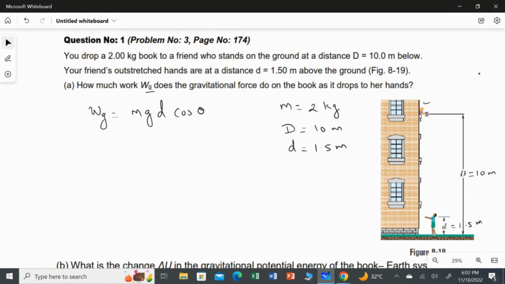Clear? So now we are going to find the work done by the gravitational force on the book. And we already studied this rule, mgd cosine theta.